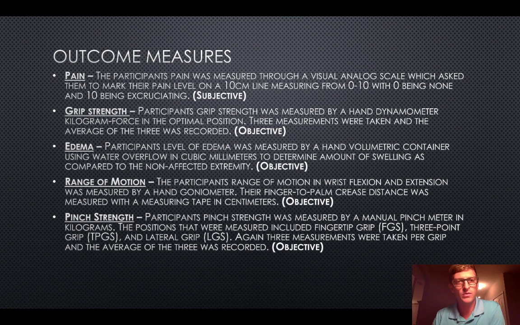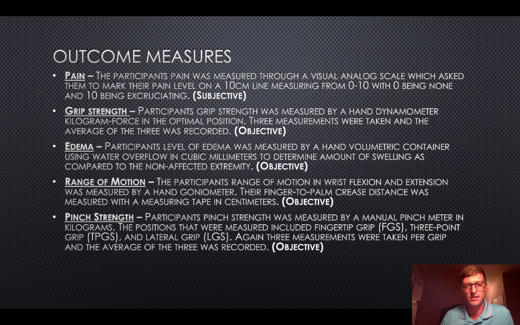The pain was measured by the visual analog scale, which was a subjective outcome measure, because what they did was they basically just drew a 10 centimeter line on a paper and put 10 X's on there and had the patients rate their pain pre-test on the scale, and then they also rated it post-test as well.